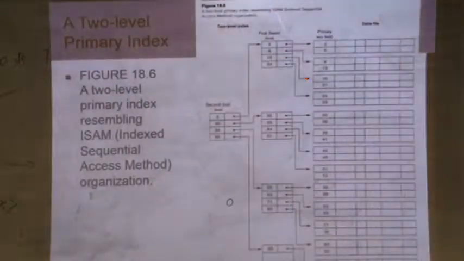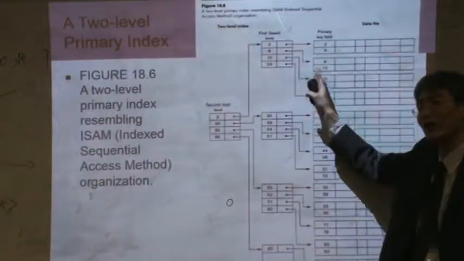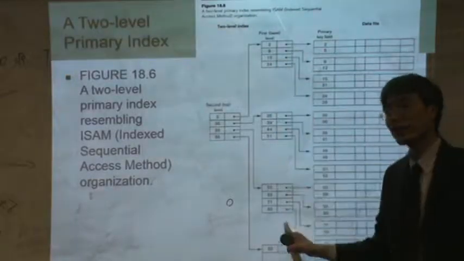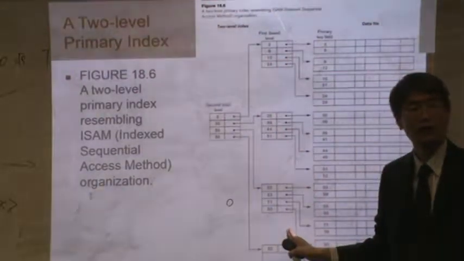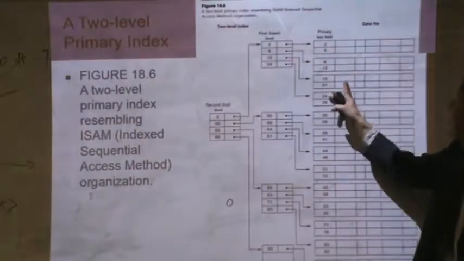For example, we can create this one with a primary key, but is it sorted or non-sorted?